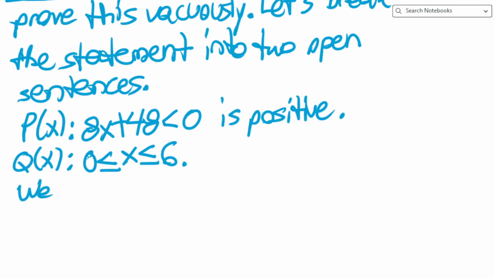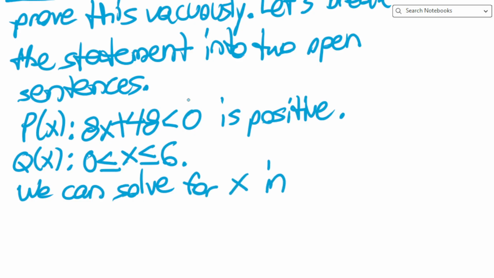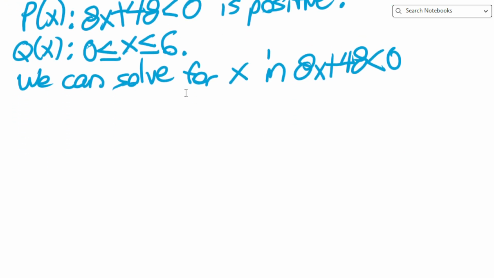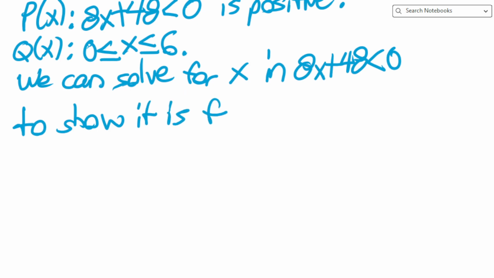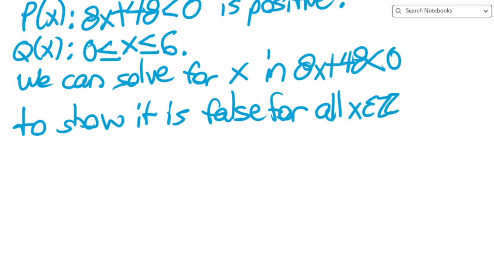So we can solve for x, and 8x plus 48 is less than 0 to show it is false for all x, for all integers x.